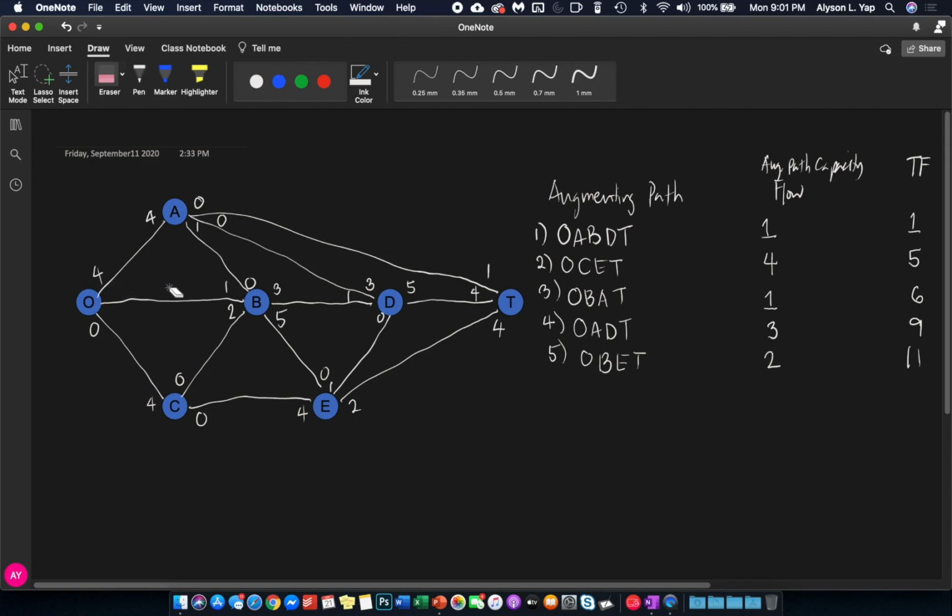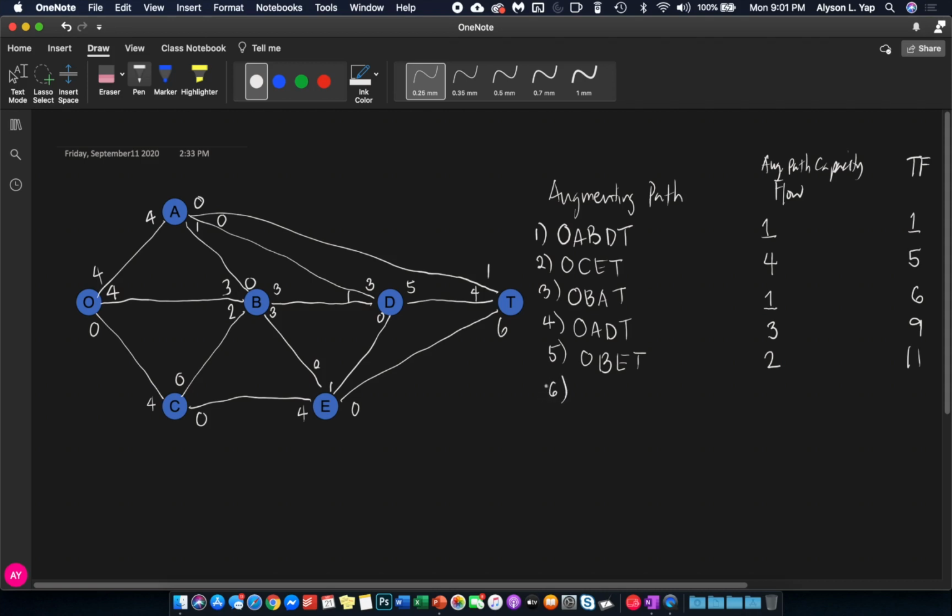Let's update. 6 1 becomes 4 3. 5 0 becomes 3 2. 2 4 becomes 0 6. I think there are still augmenting paths.